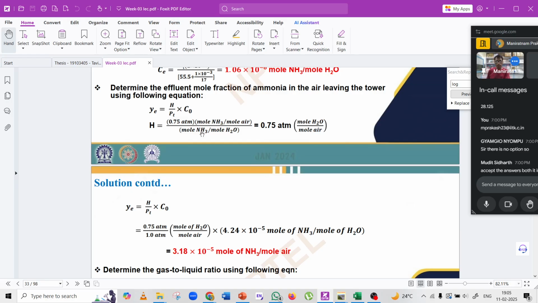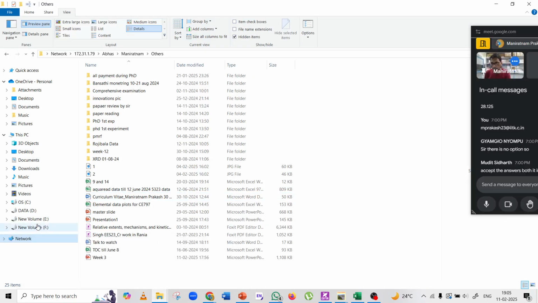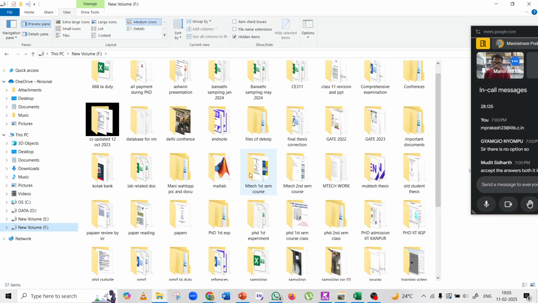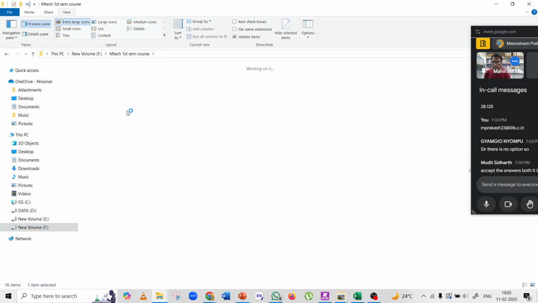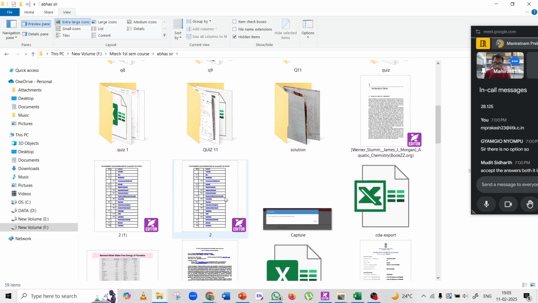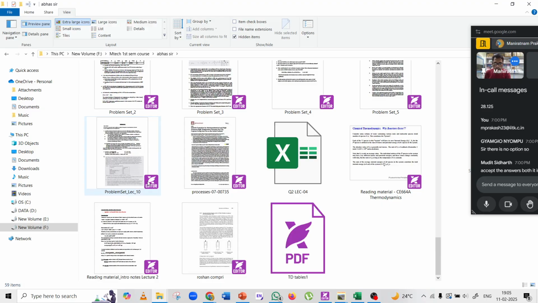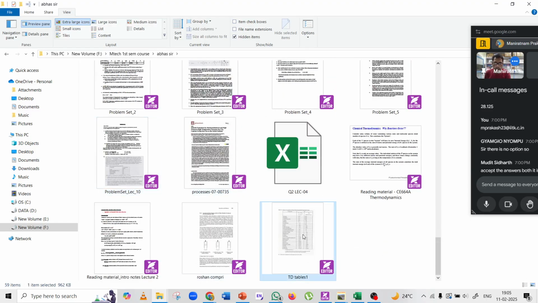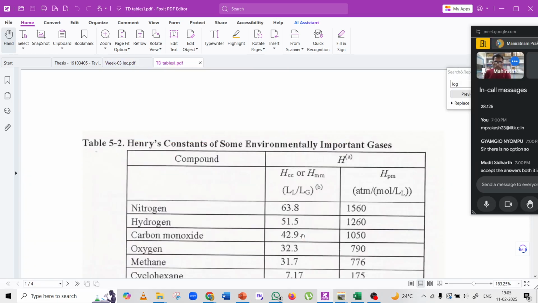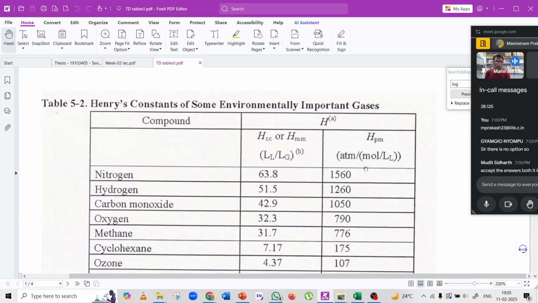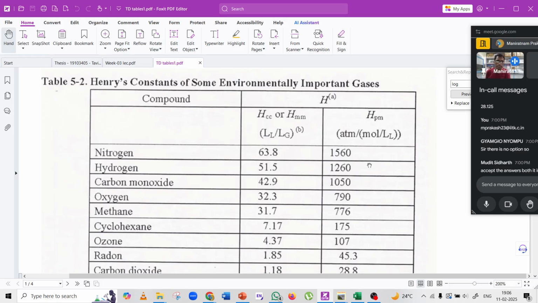Okay, na. So, how to explain this thing? I will show you the Henry constant chart. So see, this is the correct one.